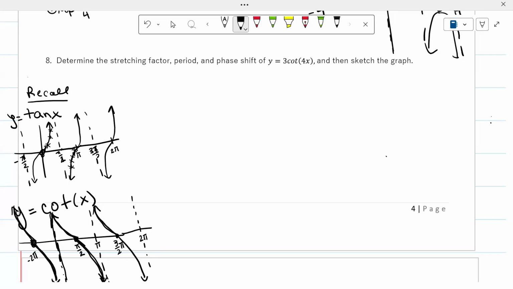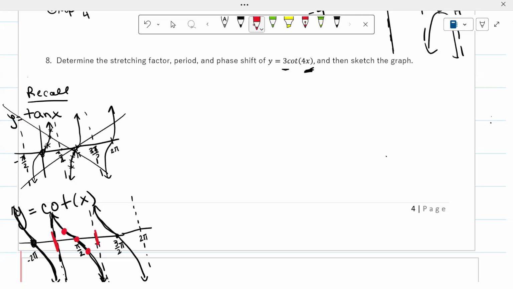So now what are we doing to this cotangent function? We are going to alter the period of it, and we're stretching it. The 5 key points when doing cotangent are going to be asymptote, amplitude, 0 or midline, amplitude, asymptote.